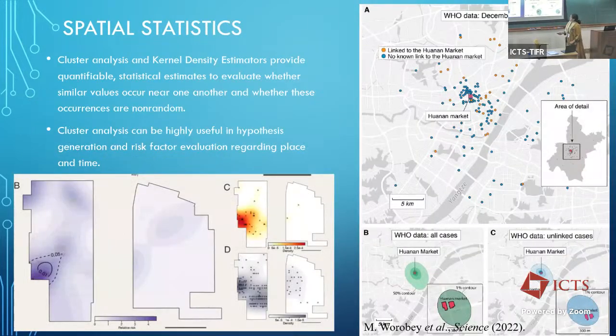The other piece of evidence that they used, also from a GIS, is that they mapped the market itself. If you remember, people had gone into the market and taken environmental samples and tested them for the presence of the virus. So they used that data to build this kind of heat map of where most of the positive cases were located inside the market. You can see there's another contour surface built on the point data.